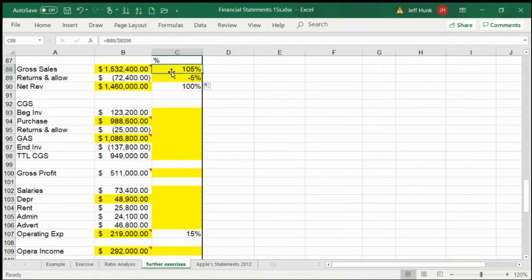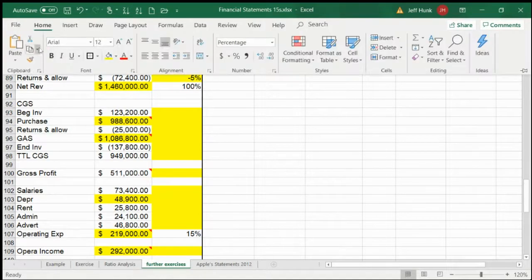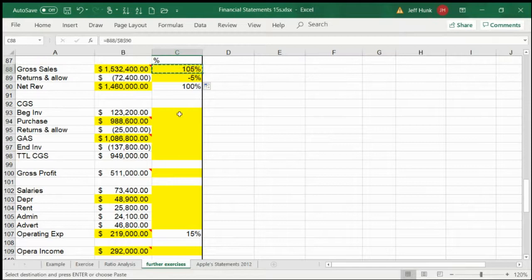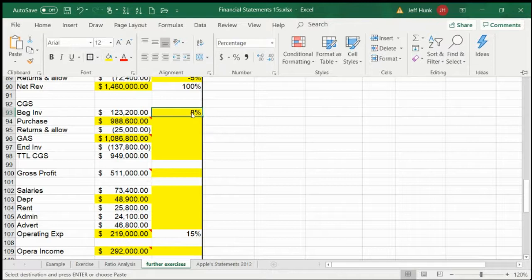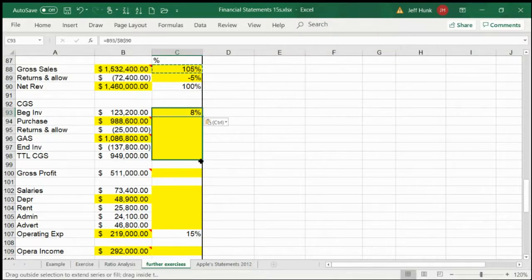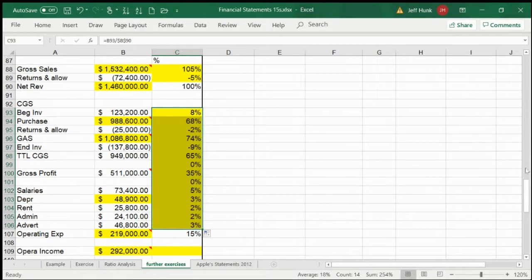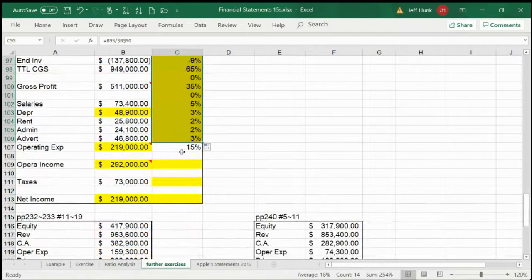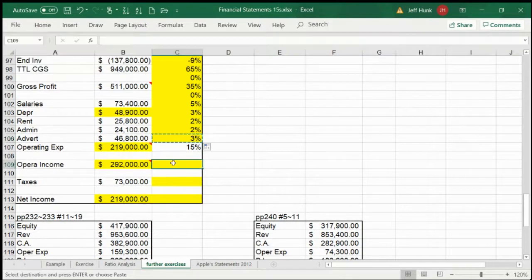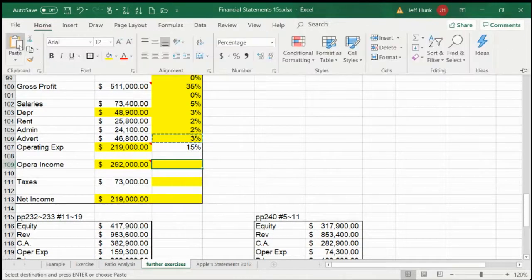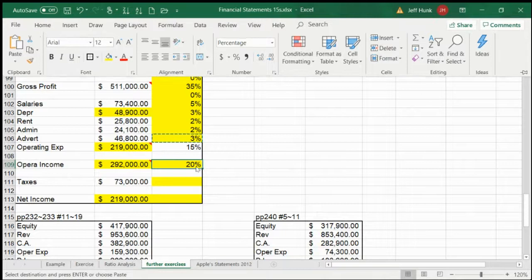Okay, what about the, just copy that here and paste, and I will drag it down. I will drag it down like that and clean up later.